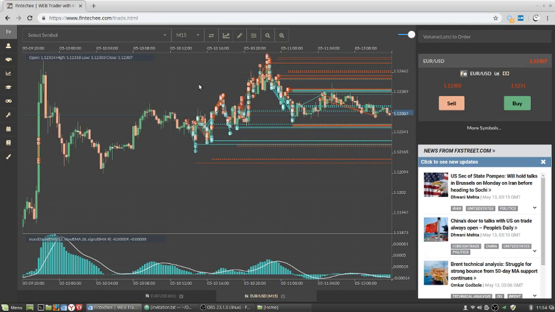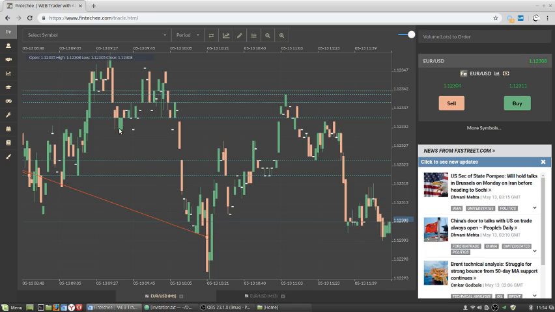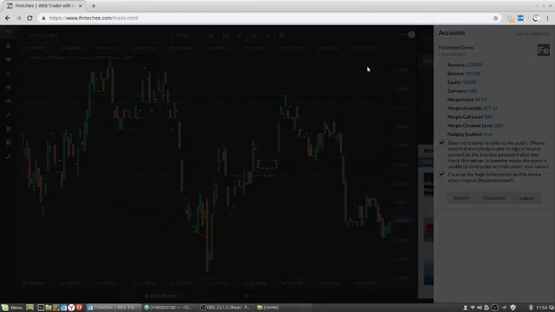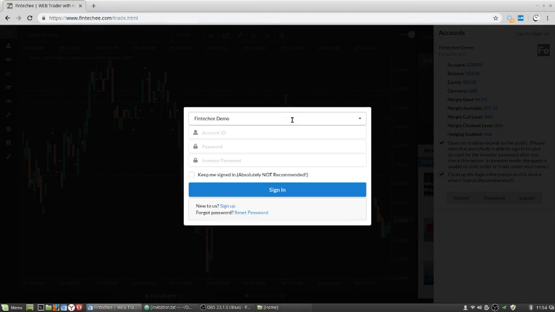So these trading platforms don't support multiple accounts management. In our trading platform, Fintechee, you will have this kind of function, and you can sign into different brokers at the same time.